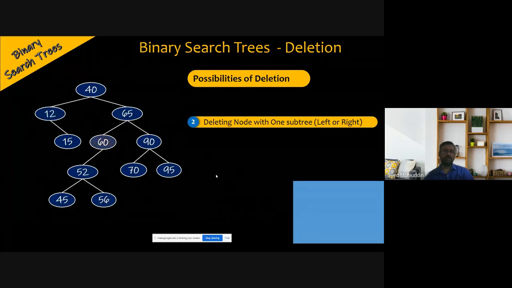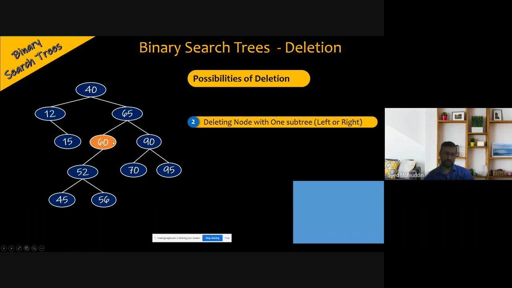Let us look at another scenario. Node 60 has one subtree, and there are 3 nodes in the subtree. Node 60 is the left child of 65, and 52 is also the left child of 60. So we have to make node 52 the left child of node 65.